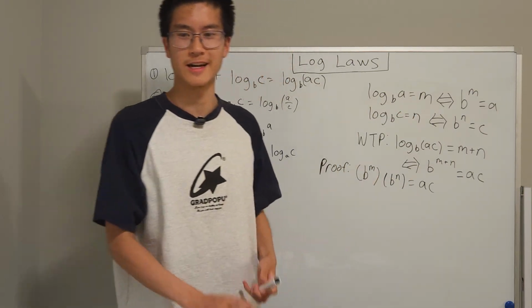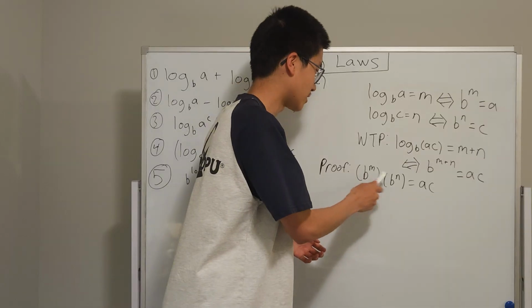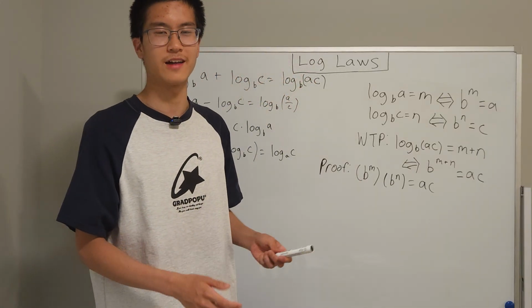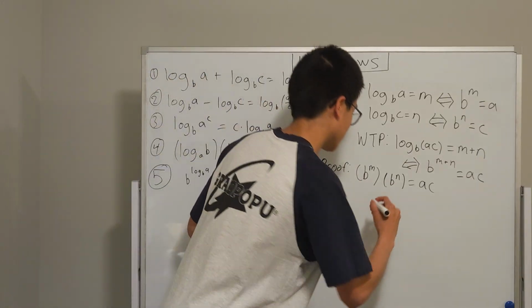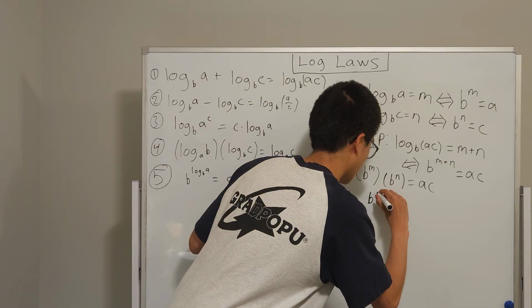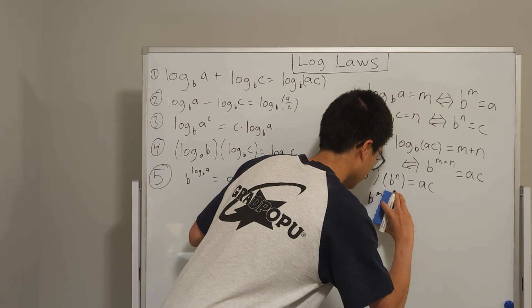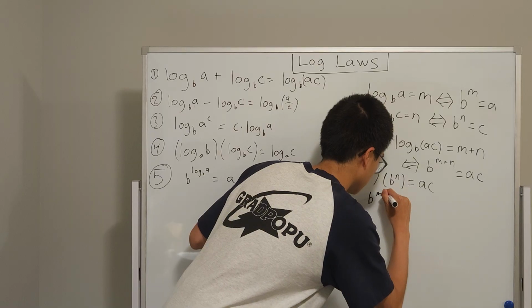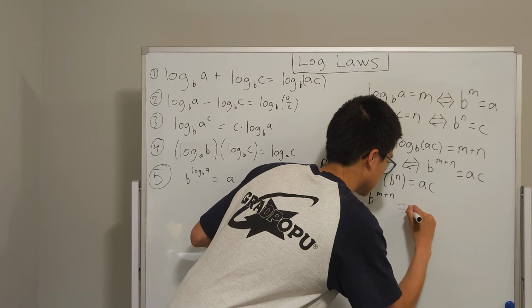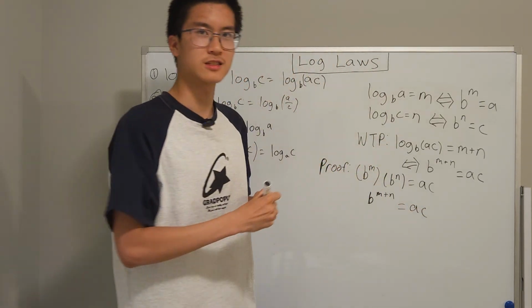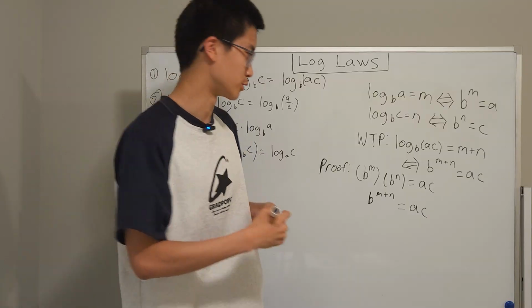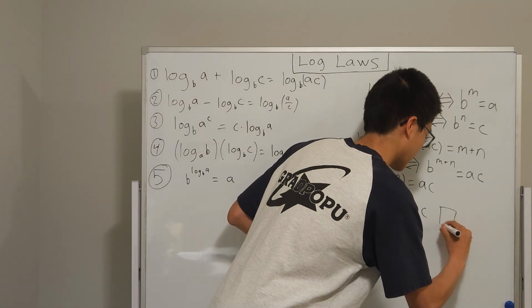Afterwards, we can use the exponent law. Because these have the same base, we can add the exponents together. So we get b to the power of m plus n equals ac. And this is what we want to prove. This is true as desired. Okay, so we are done.